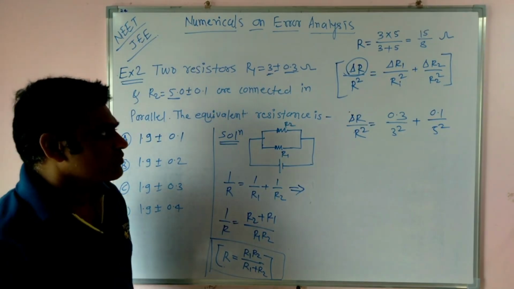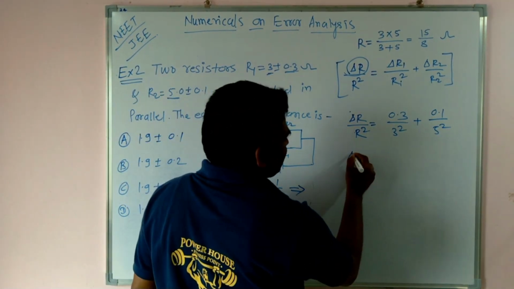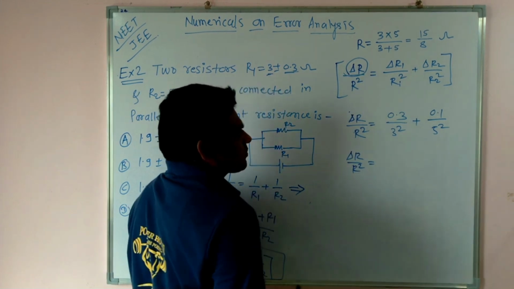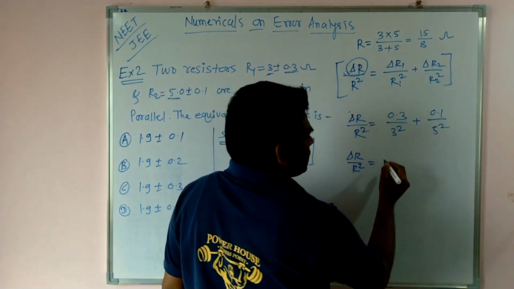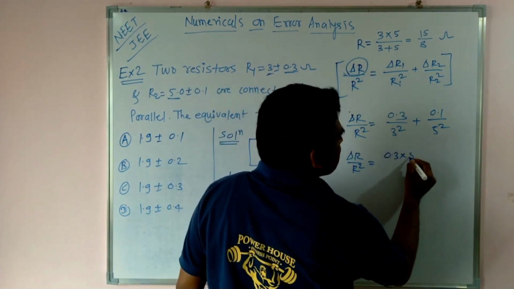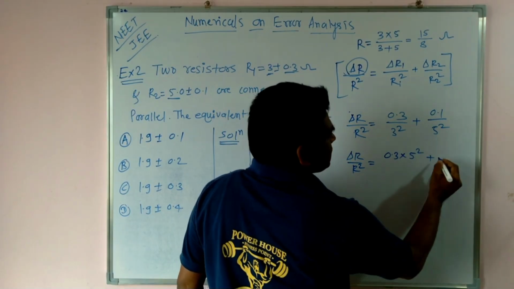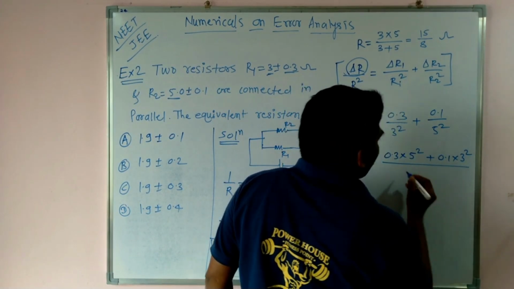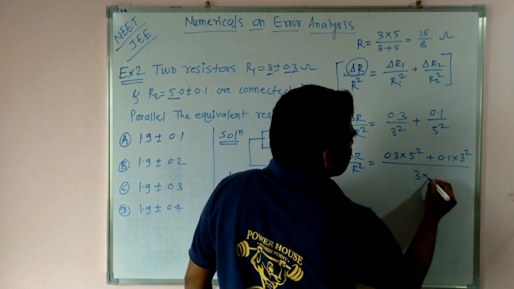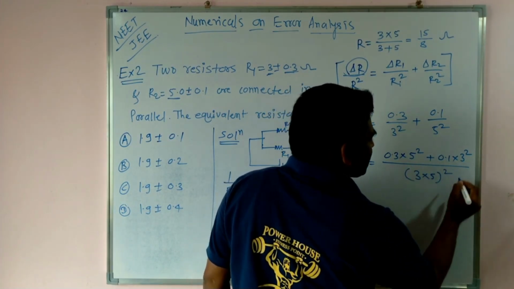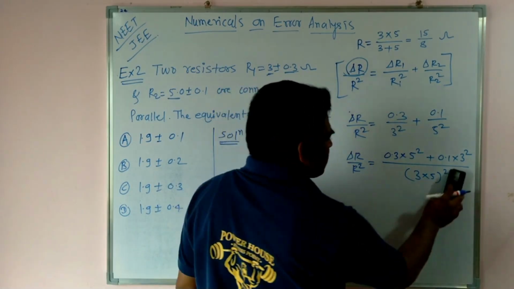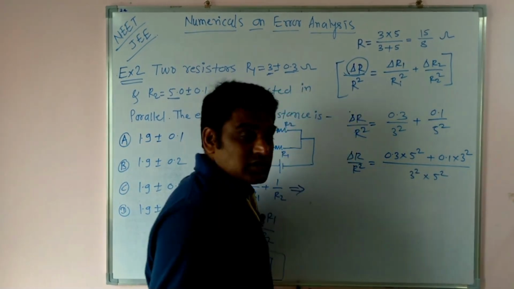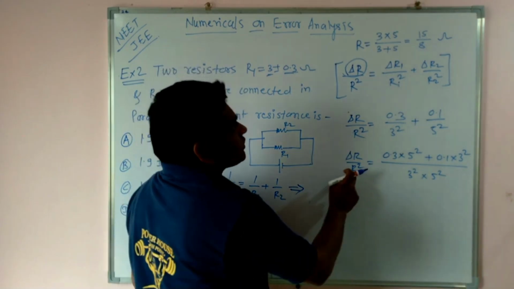Now delta R by R square is equal to what? This we can solve. 0.3 into 5 square plus 0.1 into 3 square divided by 3 into 5 bracket square. Yes or no? Or you can write separately also, no problem. 3 square into 5 square. Yes or no?